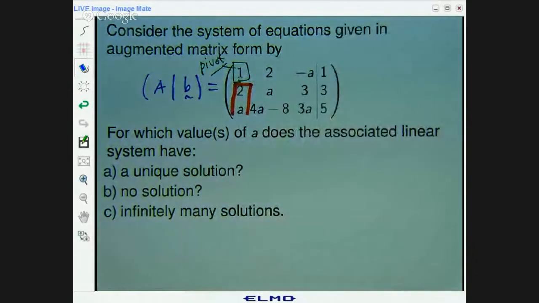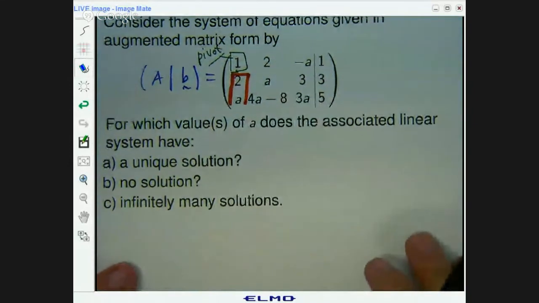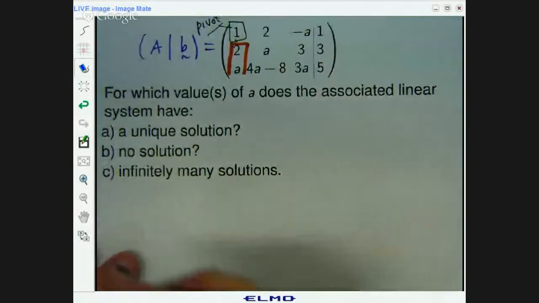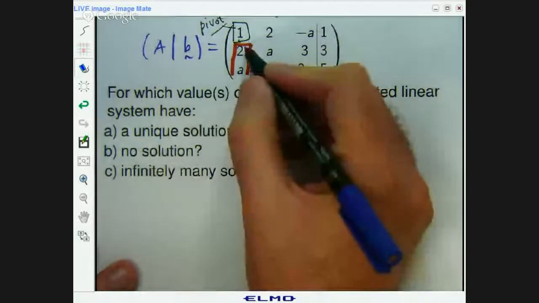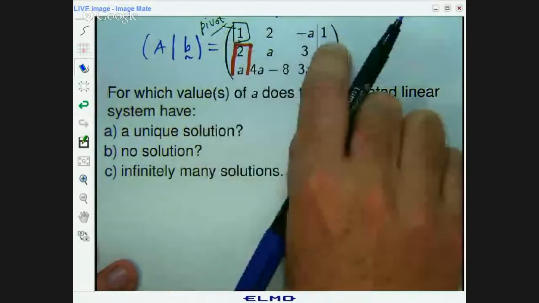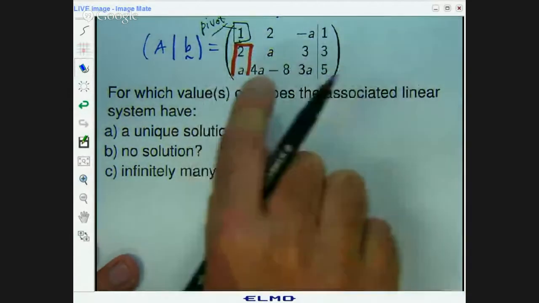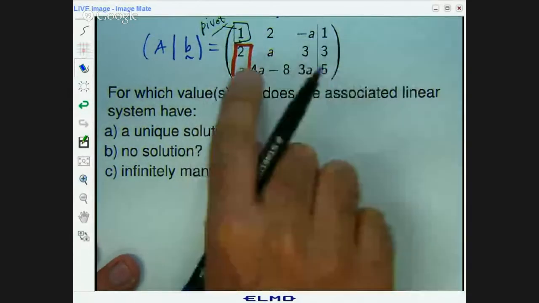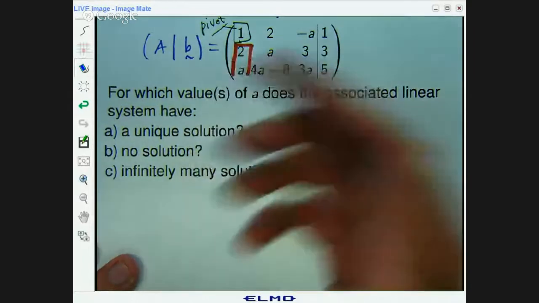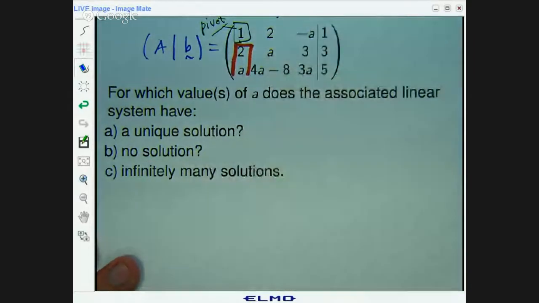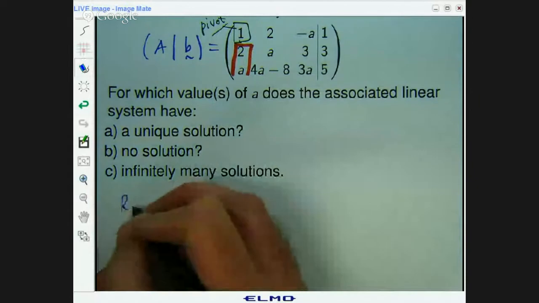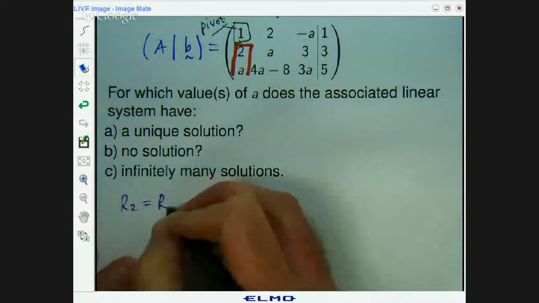I can do that through row operations. So to get that to a 0, I'd want row 2 equals row 2 minus 2 times row 1. And to get this, I would do row 3 equals row 3 minus a times row 1. And if a is 0, well, we don't need to do that, but let's write those operations down.